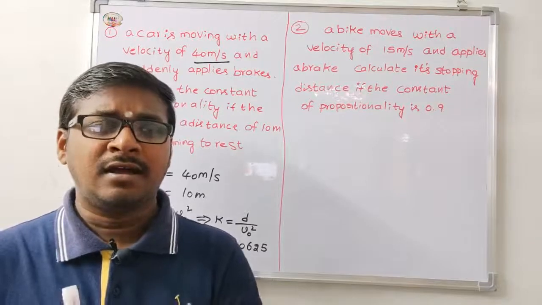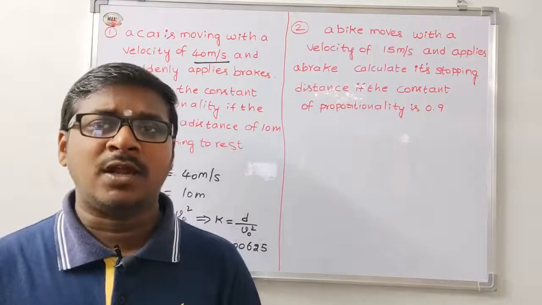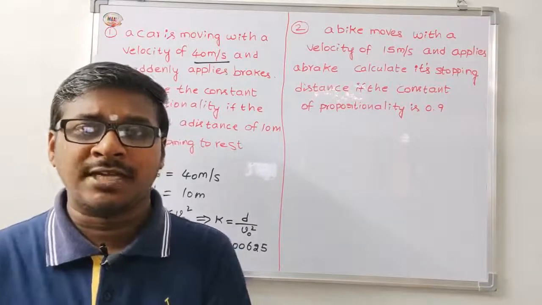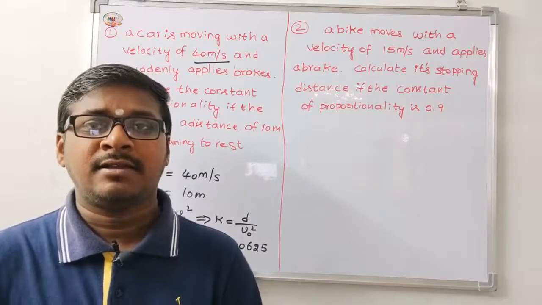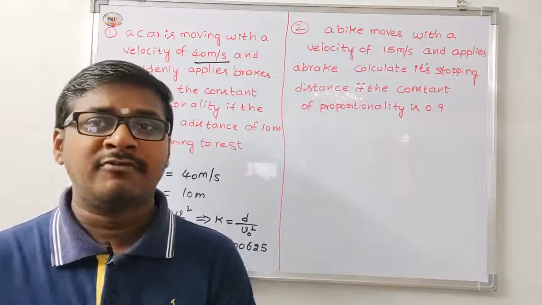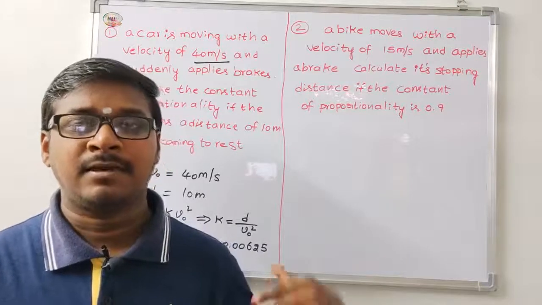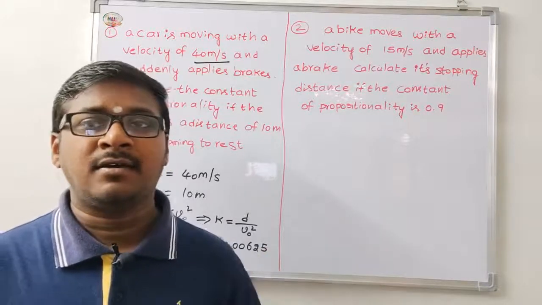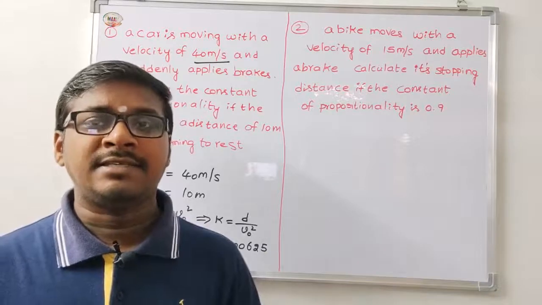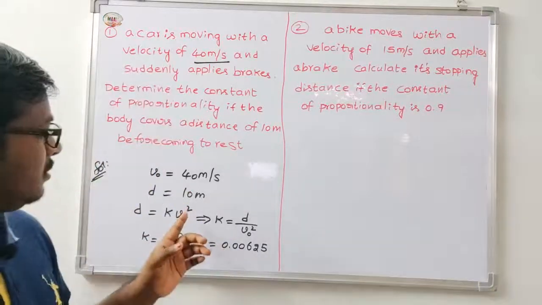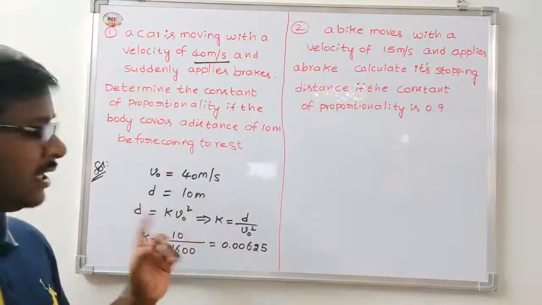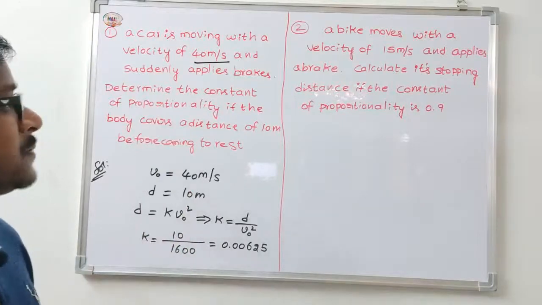It is written as d is equal to k v square, where k is the proportionality constant and v is the initial velocity v0. This is the first problem.